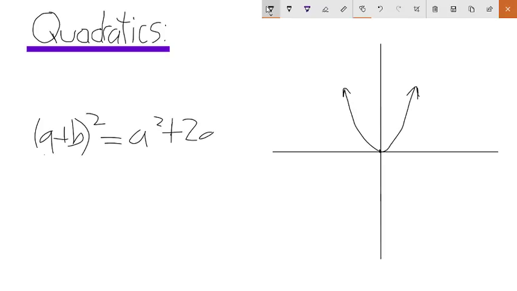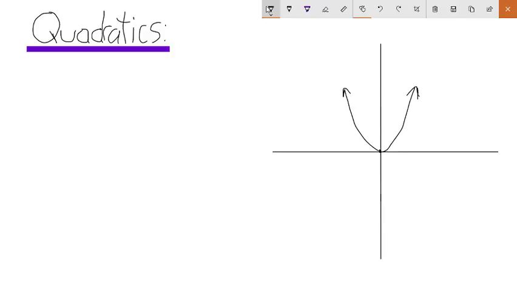If you haven't seen the previous videos already, please check them out so you can know why this is a squared plus 2ab plus b squared. And if we have a minus b whole squared, then instead of a squared plus 2ab plus b squared, we're going to have a squared minus 2ab plus b squared. Today we will be going over a new pattern using the same a and b, and it's going to be called the difference of squares.